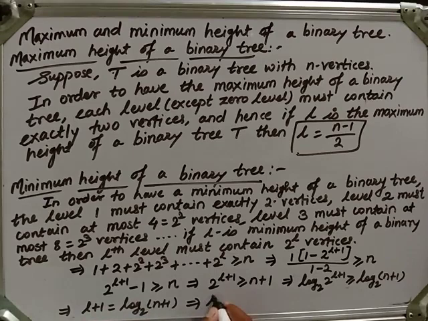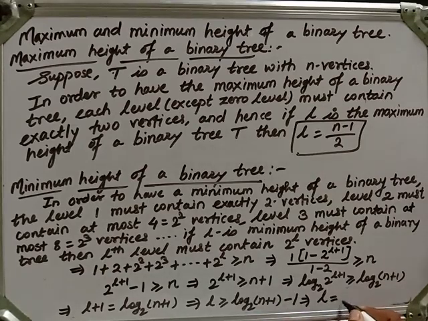So L is greater equal log to the base 2 of n plus 1 minus 1. That is, L is exactly log to the base 2 of n plus 1 minus 1, because it is a minimum height. So others are maximum than that. So minimum height is this value, log to the base 2 of n plus 1 minus 1.